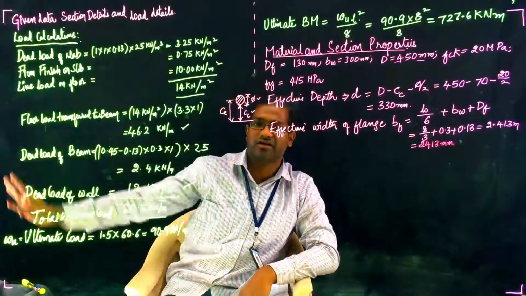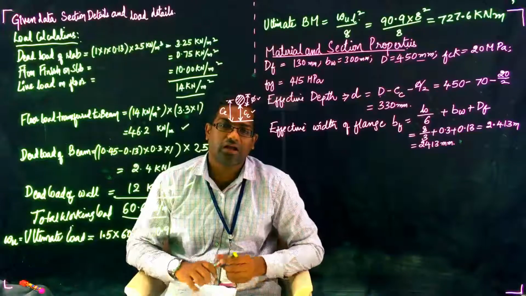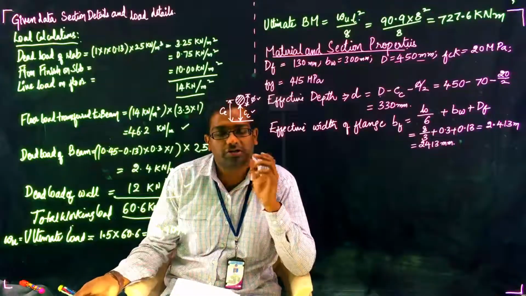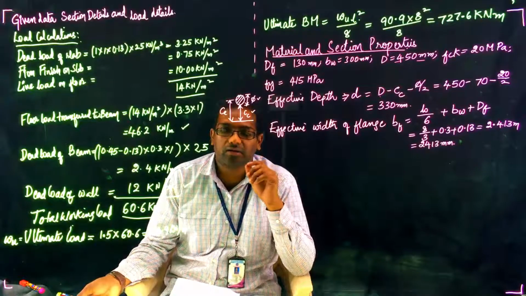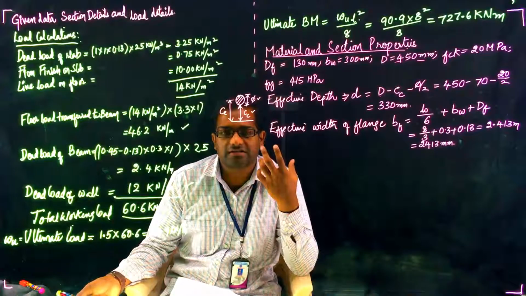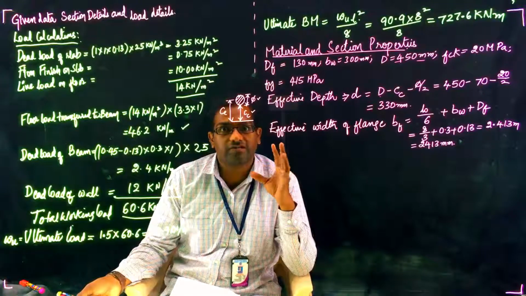Now we have got the material properties and we have done the load calculations. Now let us start the design, like what we have discussed in the previous class. In order to design the beam, we need to estimate the neutral axis. Because the moment of resistance is not given to you, only the design moment is given.